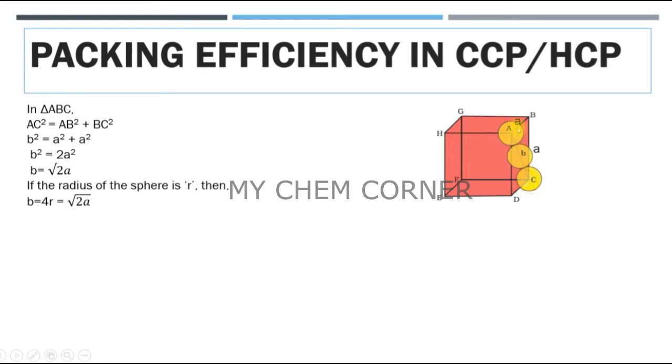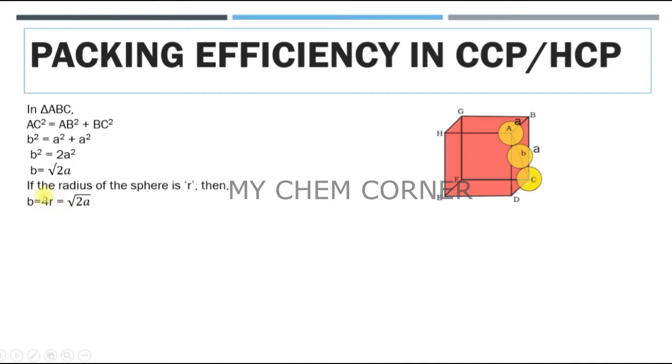Out of these 3 spheres, the first sphere, half of the circle is on this hypotenuse. So we have 1 radius over here. The center sphere has 2 radius, both of it on the hypotenuse, and the last sphere, half of the circle is on the hypotenuse. So totally we have 4r or 4 radius.